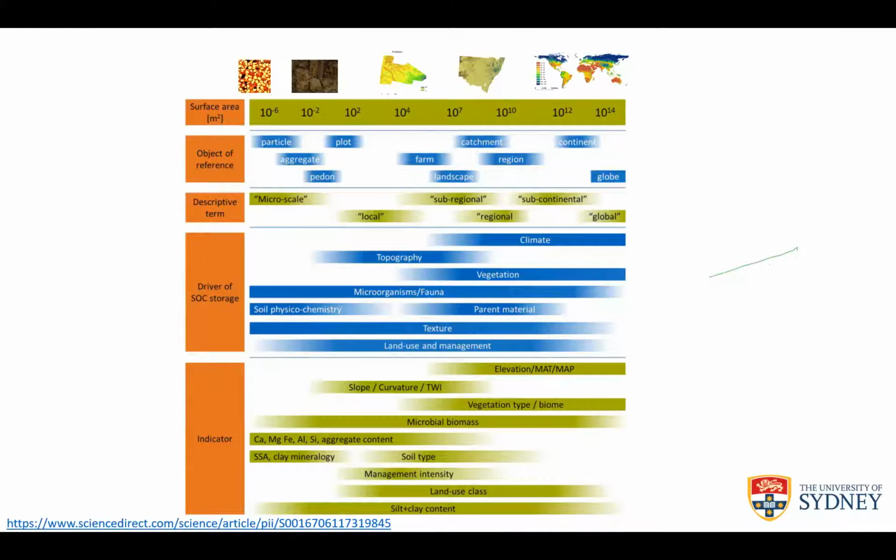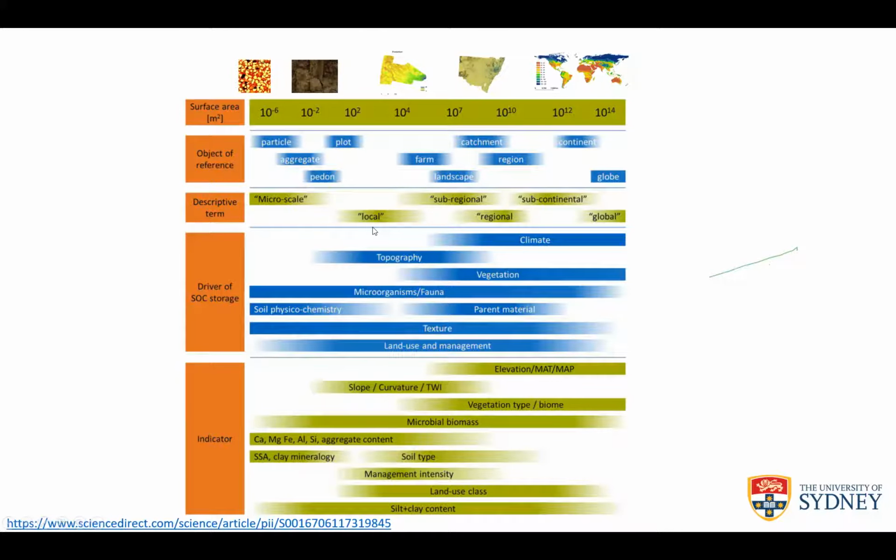From a small scale, it's driven by soil physical chemistry: the clay minerals, the calcium and magnesium, and so on. So at the particle level and the aggregate level, it is controlled by soil physical chemistry.